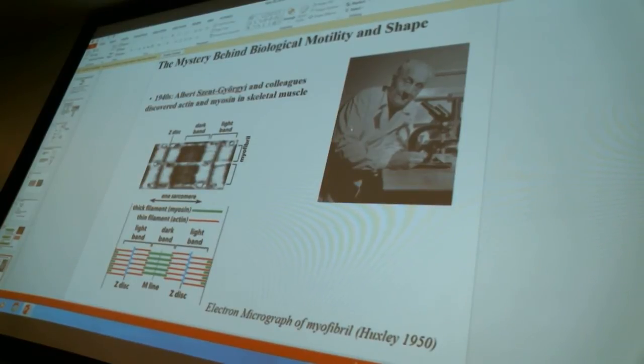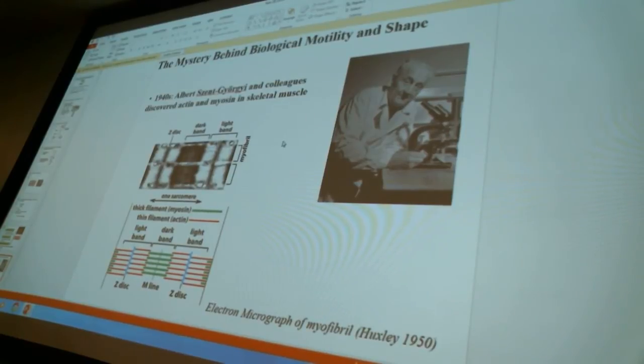A breakthrough for understanding what are the elements responsible for cell movement and cell motility was presented in the 1940s by this scientist, Albert Szent-Györgyi, originally from Hungary, and he's quite brilliant.